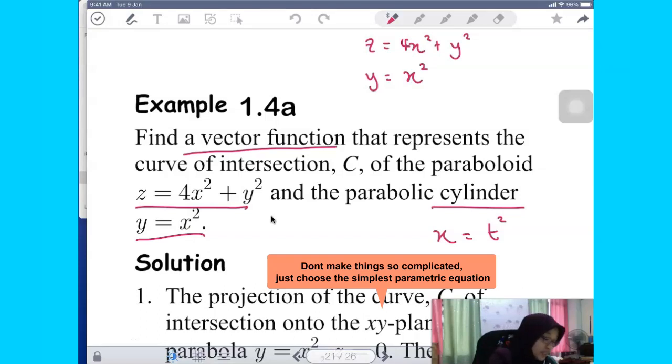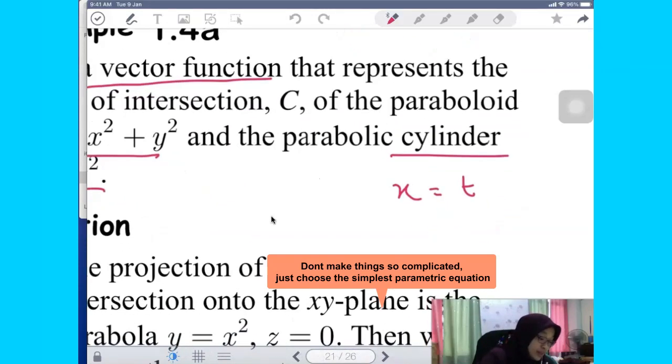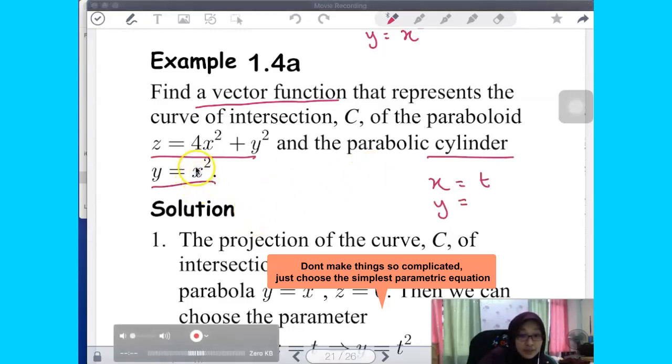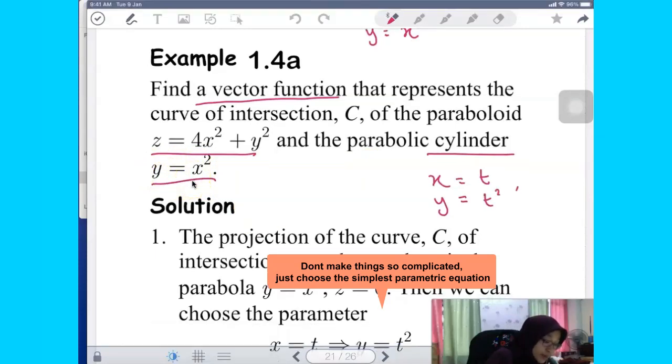So I'm choosing t. First we choose x equal to t. Then can you obtain the parametric equation of y? Of course you can, because when you choose x equal to t, your y becomes t squared. So now you have x and y.